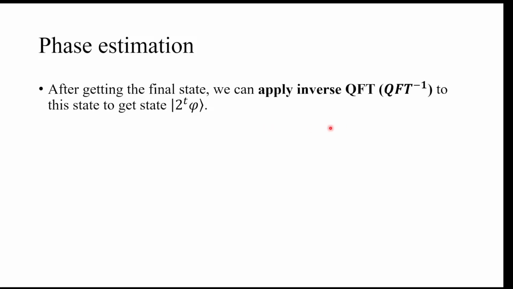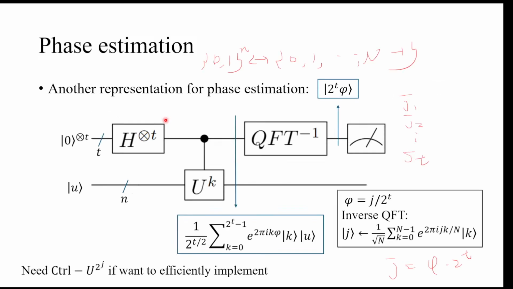I think you need to apply the inverse Fourier transform. We know how to apply the Fourier transform, so we just do it in reverse. We got this state, we measure it in the computational basis, then we learn our phi. So this is our phase estimation.